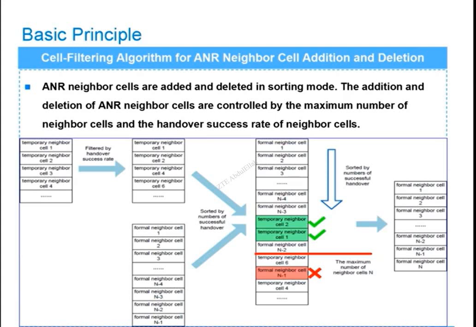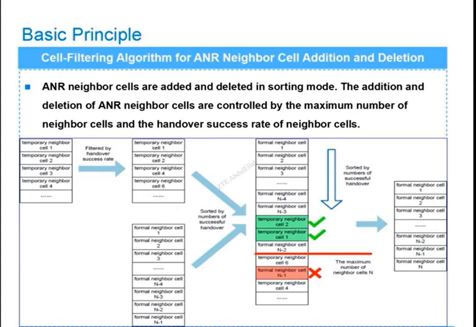It selects the temporary neighbor cells whose handover success rates are higher than or equal to the handover success rate threshold of the neighbor cells. So here, temporary neighbor cell 1, temporary cell 2, temporary cell 3, temporary cell 4. These cells are filtered by the handover success rate and ranked again, based on the handover success rate, in descending order.